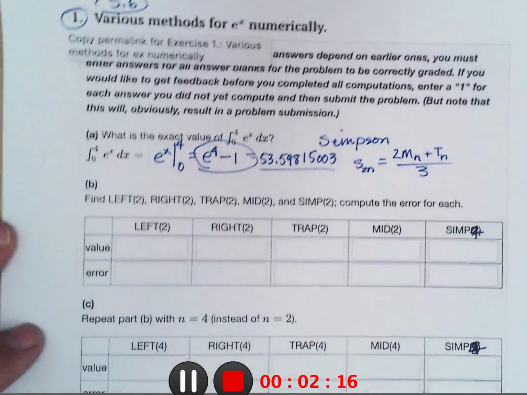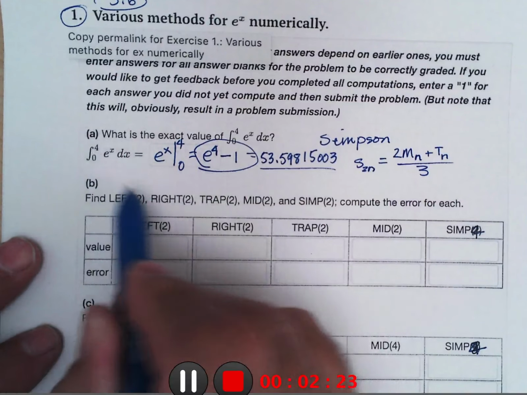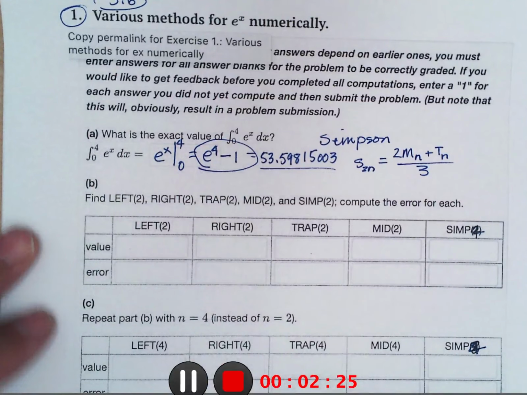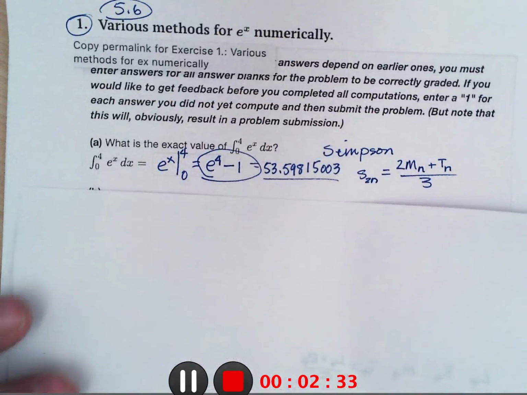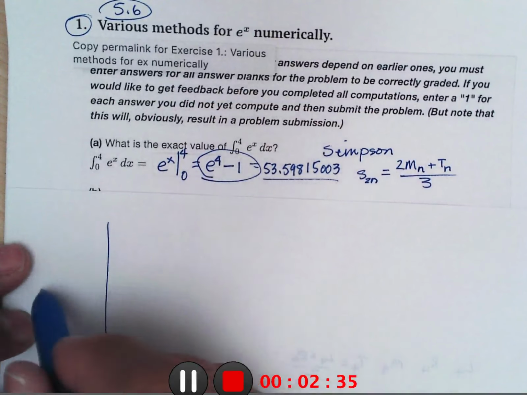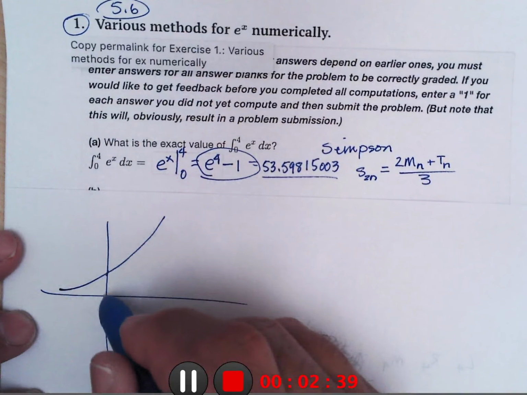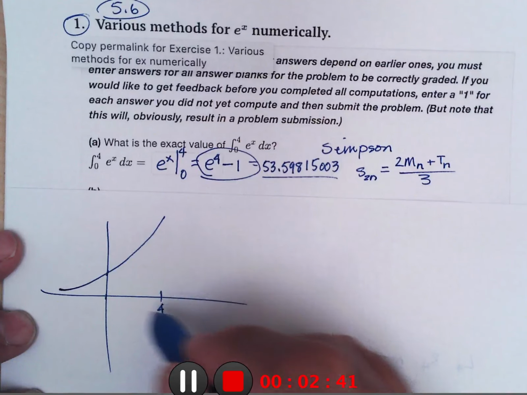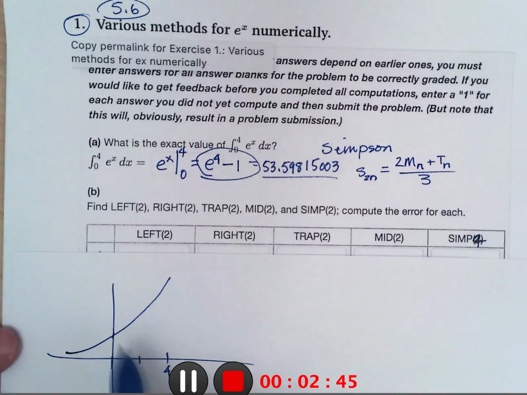Now it says do left 2. Left 2 means on that e to the x, let me get a piece of paper here so I can draw that for you. We know that e to the x looks like this, and if we're doing it from 0 to 4, and we want to do left 2, we go to the left side of the first one.